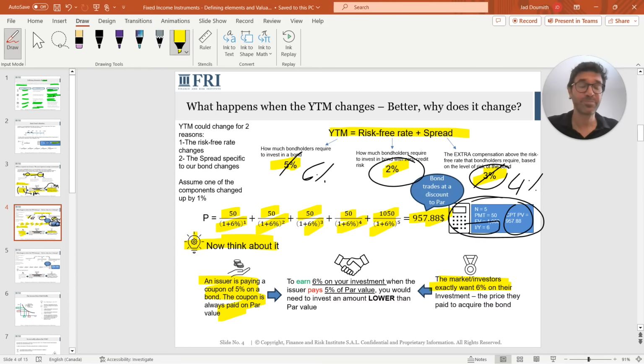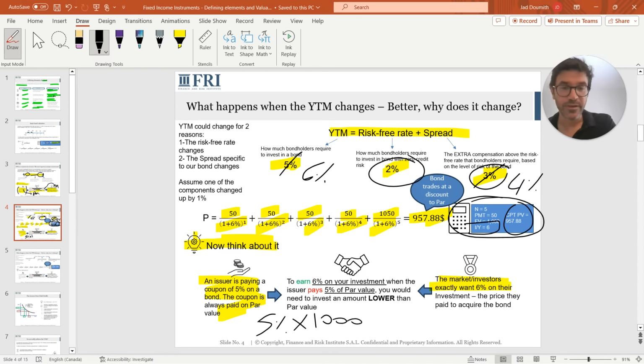What actually practically explains what's going on is the company pays 5% of 1,000. Investors would never accept to earn only 5%. They want 6% on the amount L that they would invest to buy that bond. The only way they can make 6% is if they buy the bond for less than $1,000.